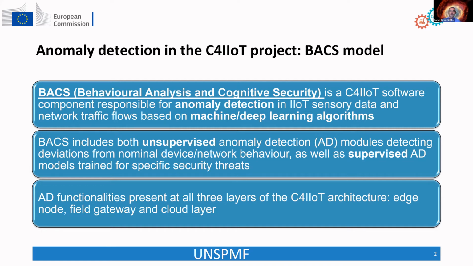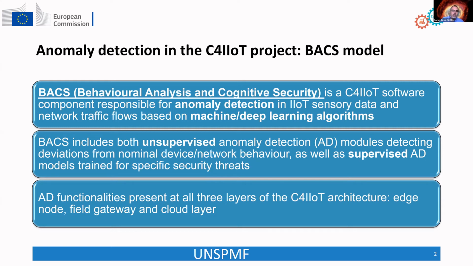Okay, so BACS, behavioral analysis and cognitive security. It's a software component responsible for anomaly detection by using machine learning and deep learning, so classical machine learning models and some deep learning models, on sensory data and on network traffic flows to detect anomalies in the C4IoT framework.